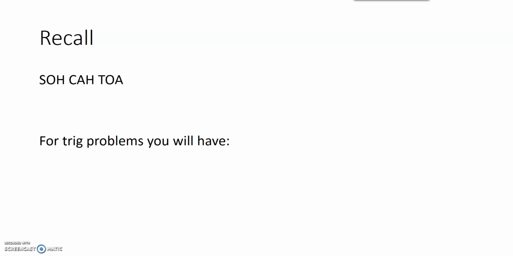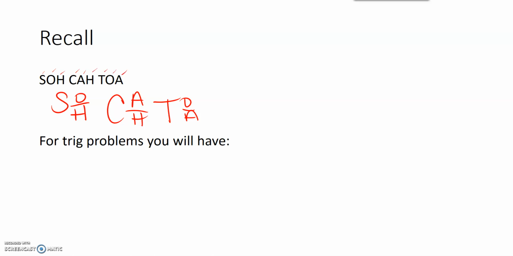So recall that SOHCAHTOA is the way that we remember how the trig functions relate to the parts of a triangle. And it might be easier to write it like this. Okay, and you could remember SOHCAHTOA, or you could remember some old hippie came hopping through our apartment.